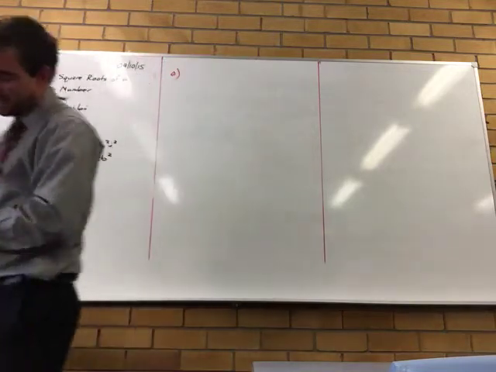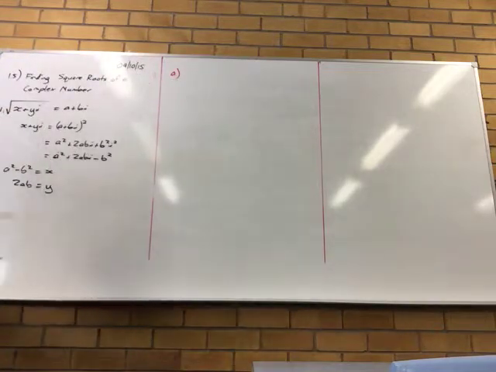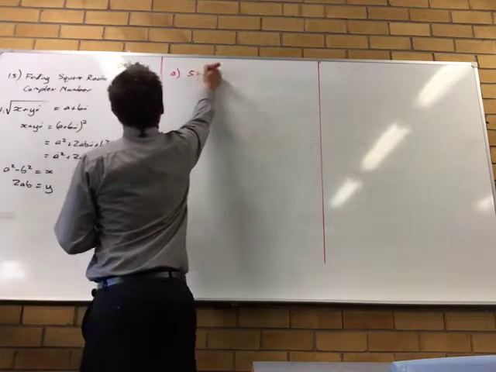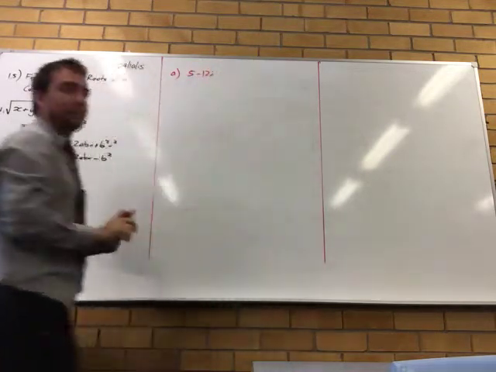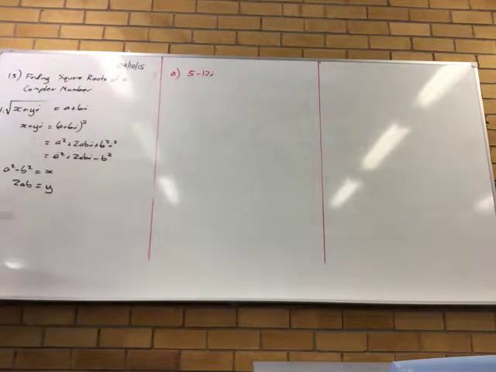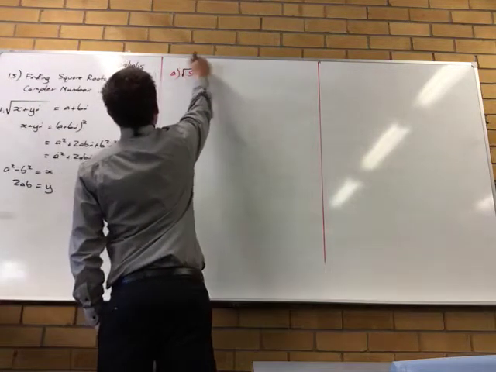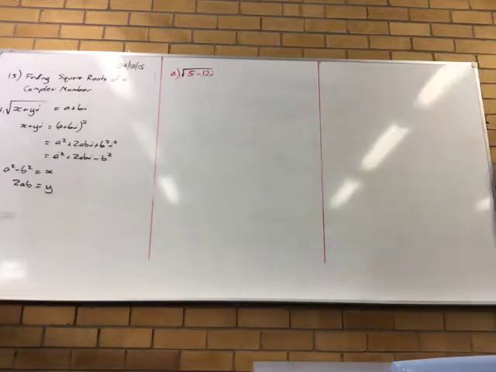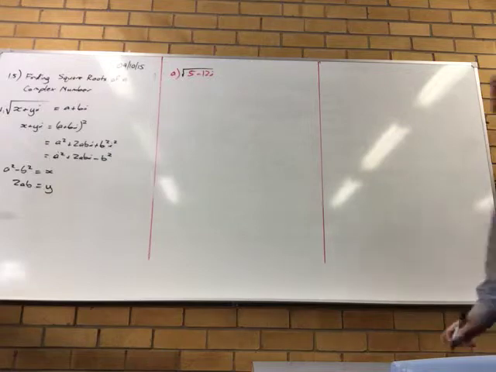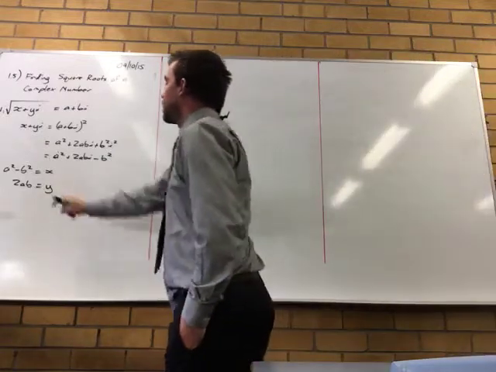Perhaps this will help. Find the square roots of 5 take away 12i. So what we are effectively doing is finding that square root, and we're using this property here.